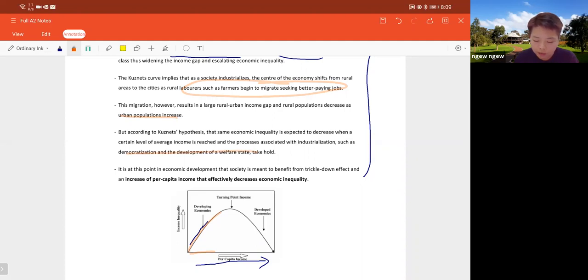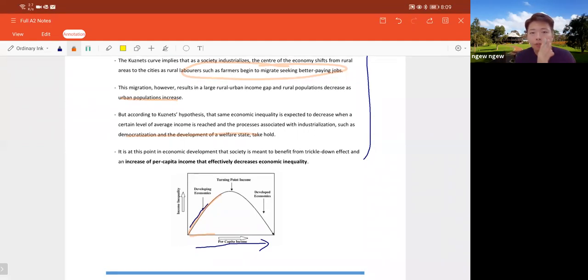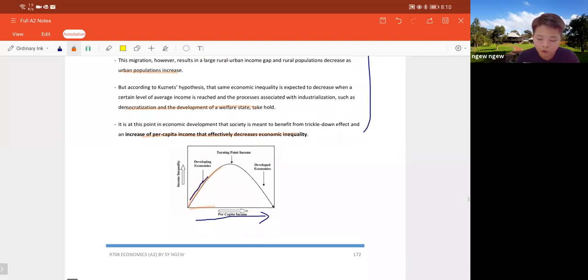So when the country is very developed, the people of the higher income group will start spending and generating income, and because they are paying tax, the government is offering welfare services to those of the lower income group. Eventually they will make the income inequality fall, to reduce, and the income distribution will get more and more equal. So that is what happens eventually. Your income inequality will fall when the country becomes very developed.